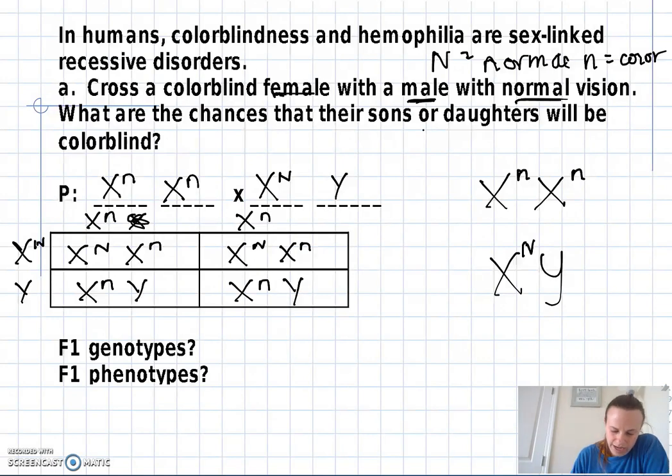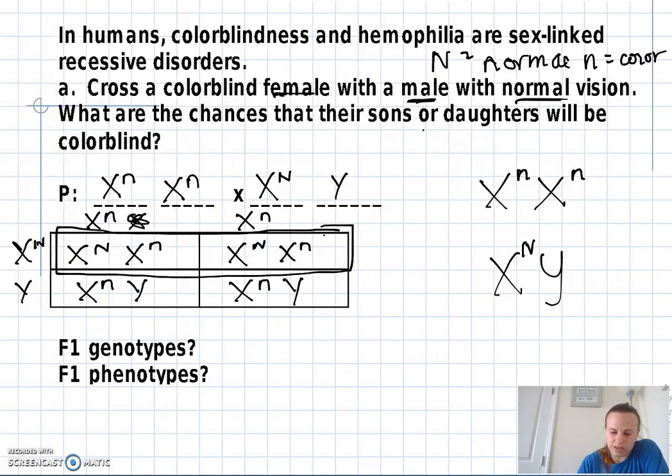So let's look at the children overall. Overall, 50% of the children will be carriers, and those carriers are all females. They're going to be normal, however. If they're talking exclusively about females, well, then we would say 100% of our females are normal.